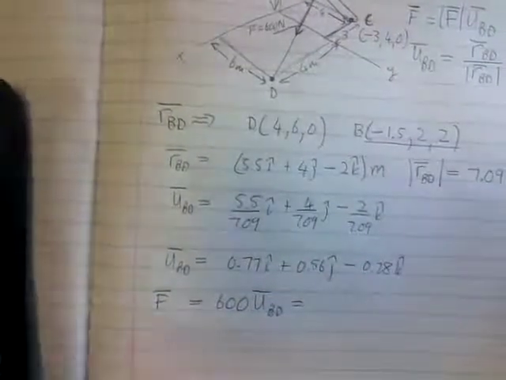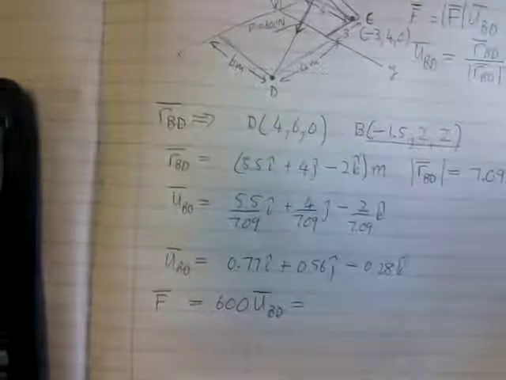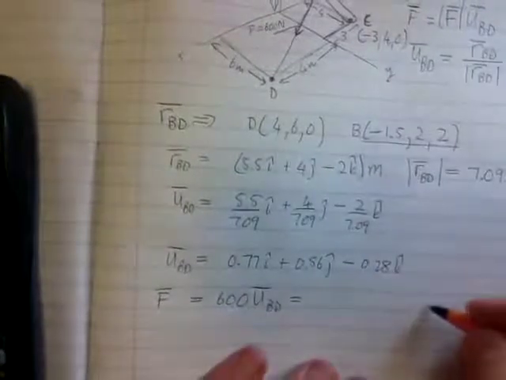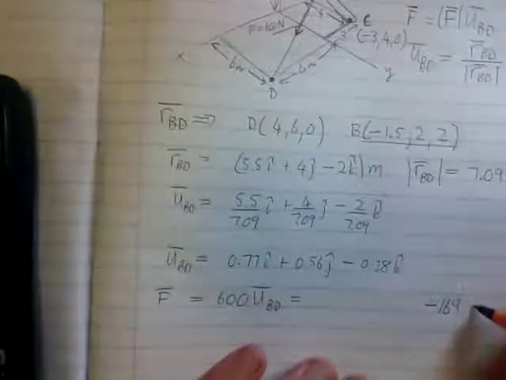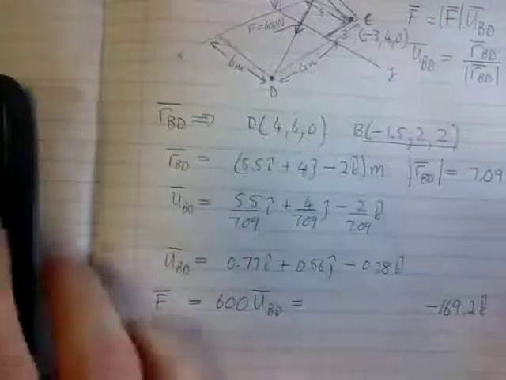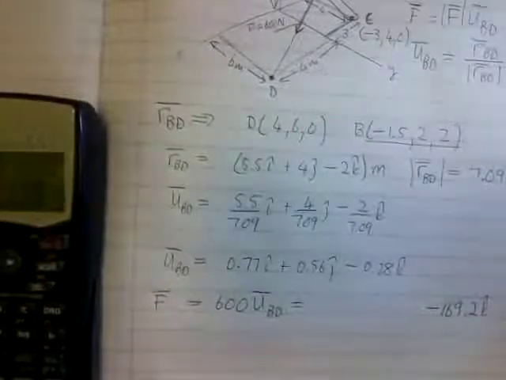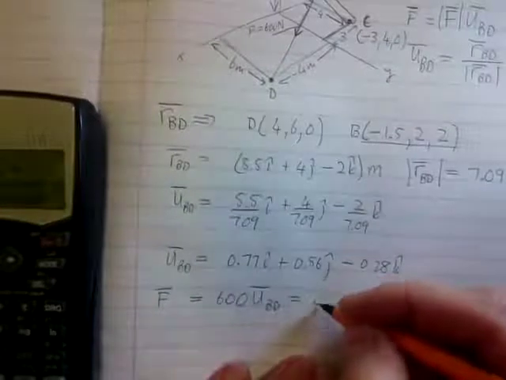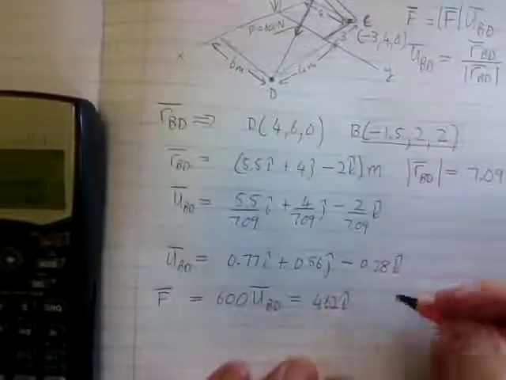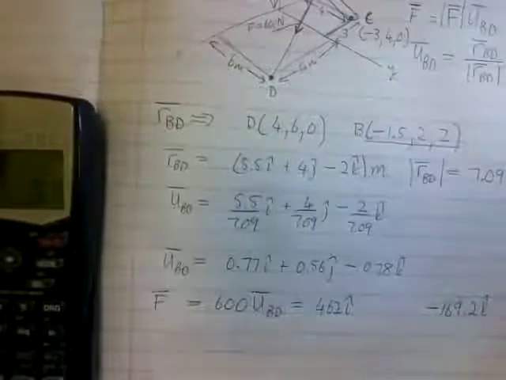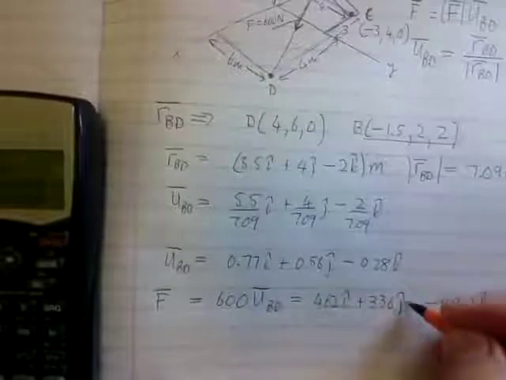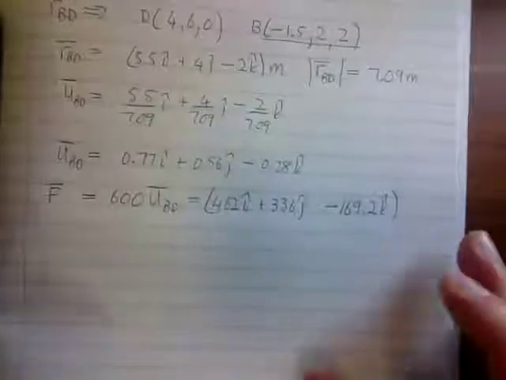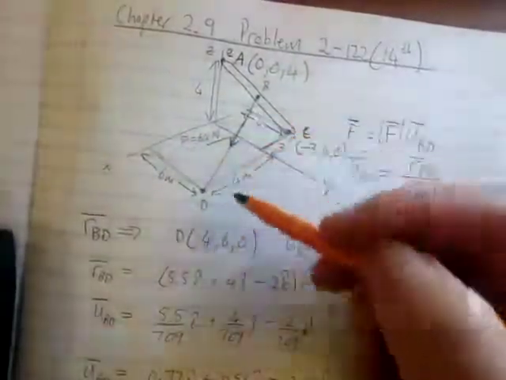If I multiply that out, 600 times 0.77 is 462 I, 600 times 0.56 is 336 J, and minus 169.2 K. So there we have our force now in Cartesian vector form.